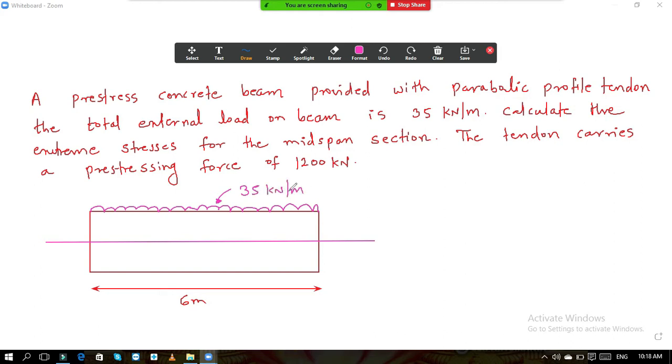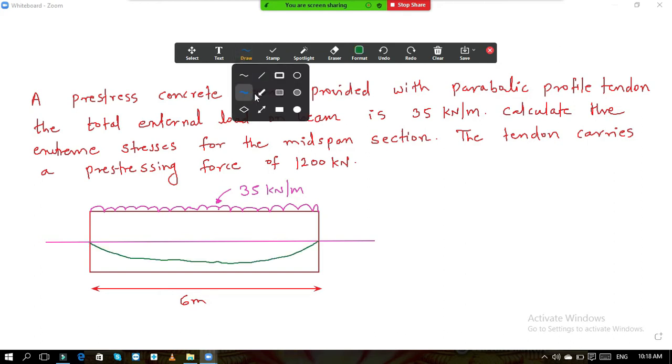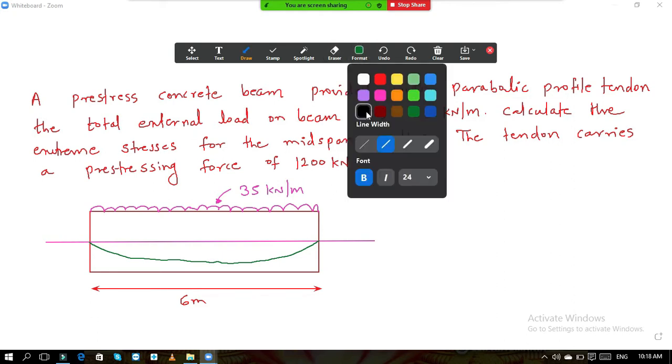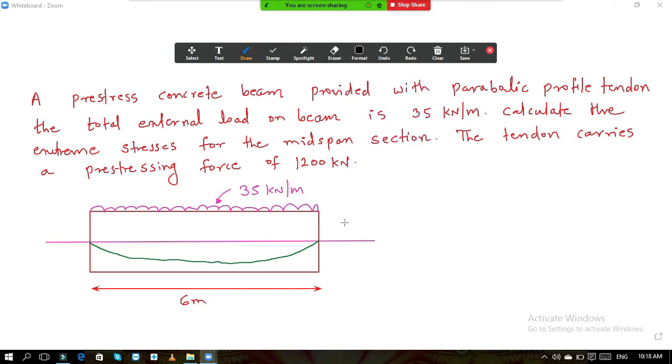So 35 kilonewton per meter. Then the parabolic tendon, I have not drawn correctly, but you can understand this is the parabolic tendon, and this stressing force is given as 1200 kilonewton.